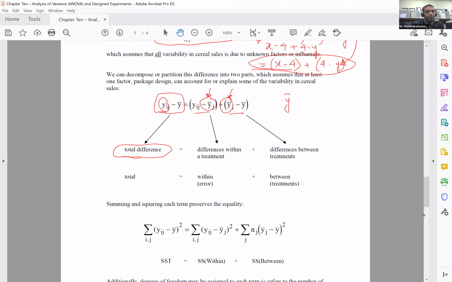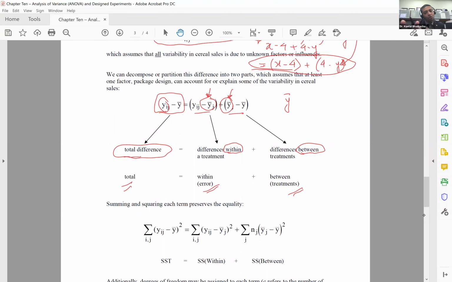The first bucket is how much of a difference there is within the treatment, and the second is how much of a difference there is between the treatments. So that total in a simple form is represented as a within, that is error, and a between, that is real, between the treatments.